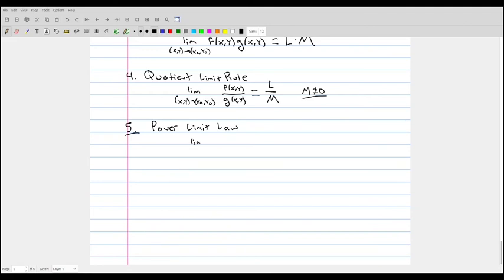If you're taking the limit of the function f raised to the n power, where n is a positive integer, the limit as (x,y) goes to (x0, y0) of some function of x and y raised to the power n is going to be equal to just the limit of f raised to the power n.